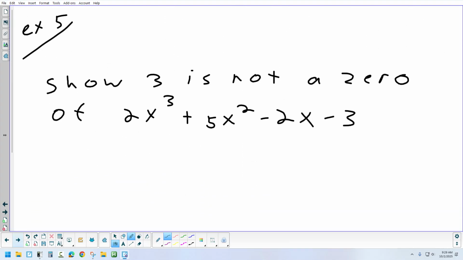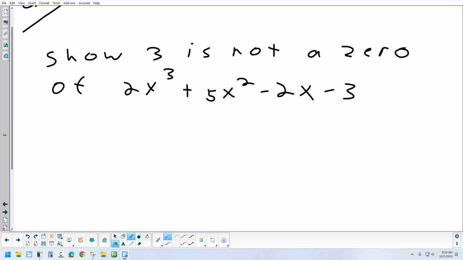Good. All right. So let's show that 3 is not a 0 of that. Instead of showing that 3 is not a root, what else could I show? That's equivalent.